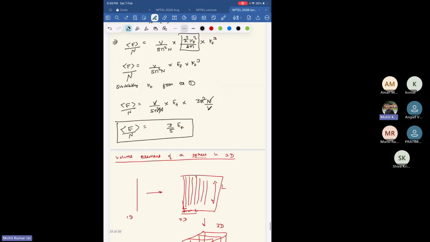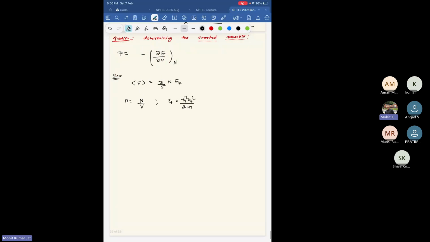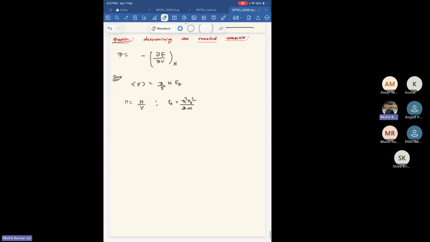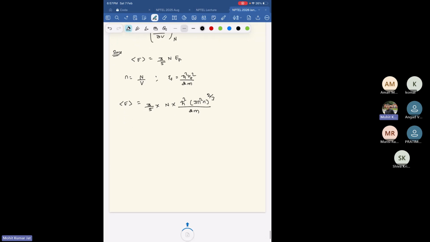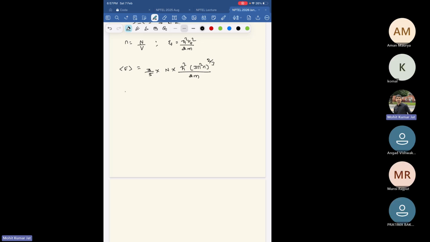So if I substitute the value of this kf, which I estimated in equation 1, let me estimate E by substituting the values: 3 by 5 times n times h bar square kf square, where instead of kf square I put 3 pi square n to the power 2 by 3, over 2m. I can write it as 3 by 5 times n times h bar square times 3 pi square to the power 2 by 3 by 2m times n, and V to the power minus 2 by 3, where I substituted the density to be n by V.